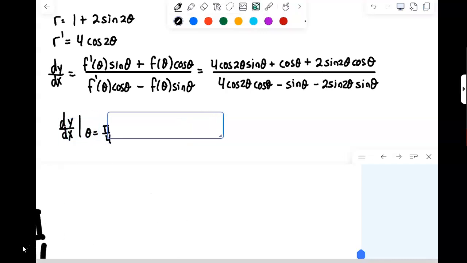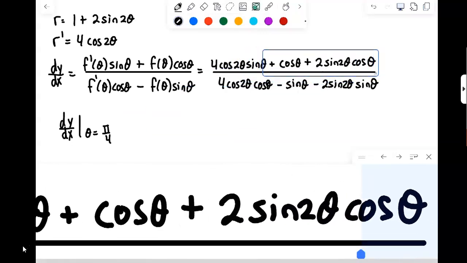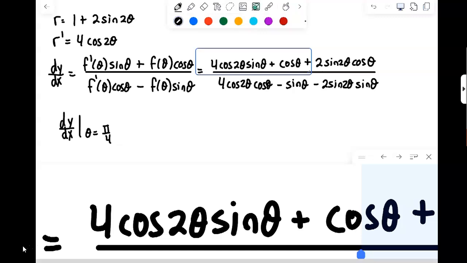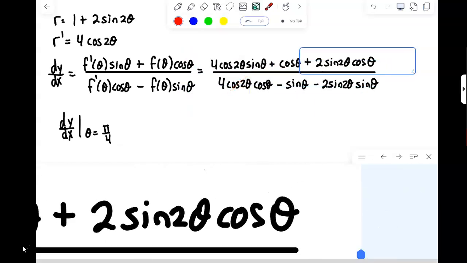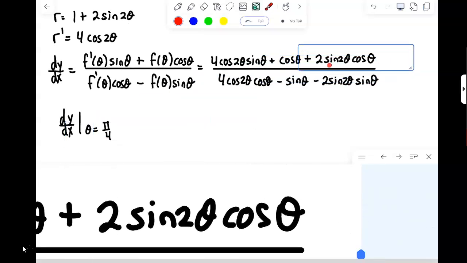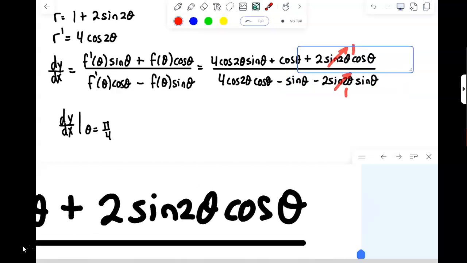And then you could maybe go through and start piecing some things together here, or maybe opting not to. That's kind of up to you. Let me just show you, first of all, at pi over 4, the cosine 2 theta terms. That's cosine of pi over 2, so that's completely gone, and that's completely gone. Sine of 2 theta at pi over 4 is 1. So both of those things are going to be 1.